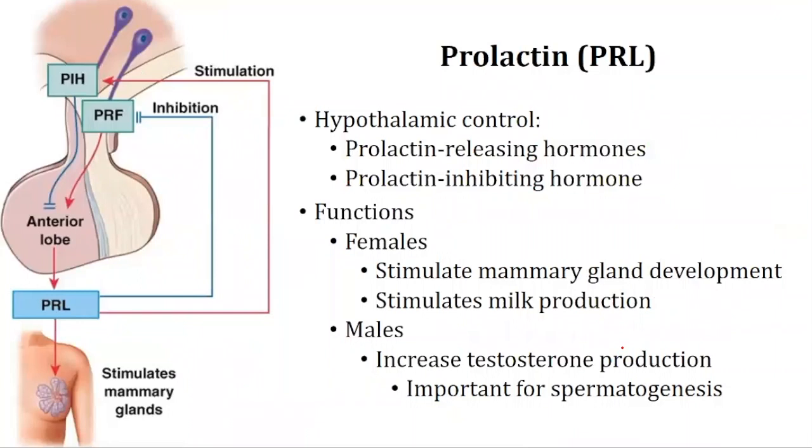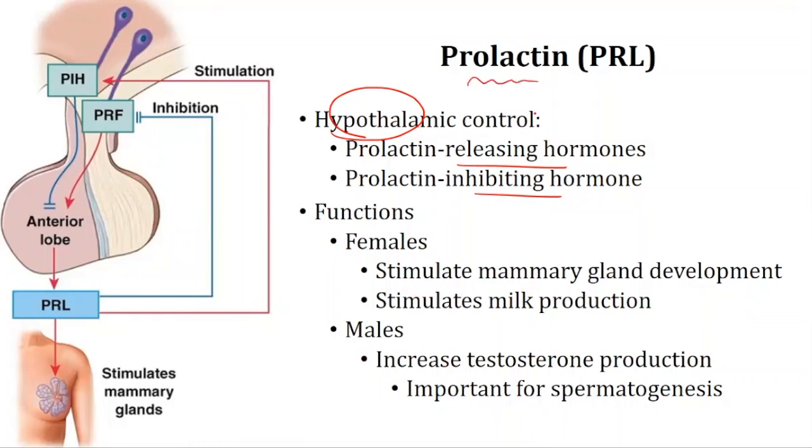Another example, production of prolactin. The hypothalamus is going to produce either prolactin releasing hormone or prolactin inhibiting hormone. The names are easy to understand, right? It's going to either release or inhibit something, and specifically in this case, prolactin. What's the function of prolactin?